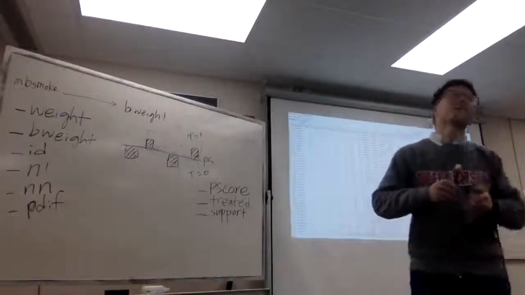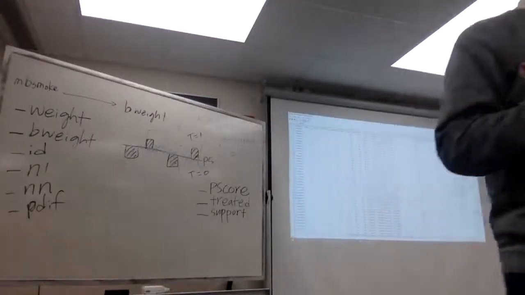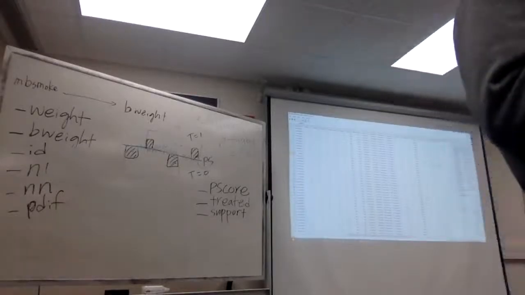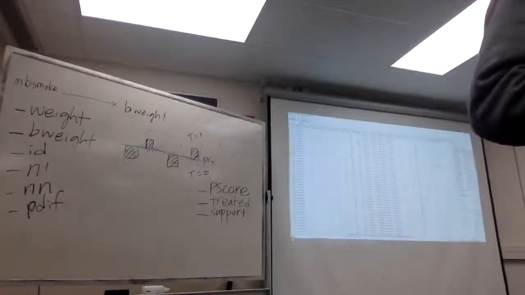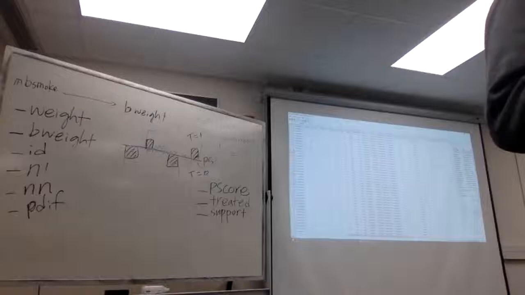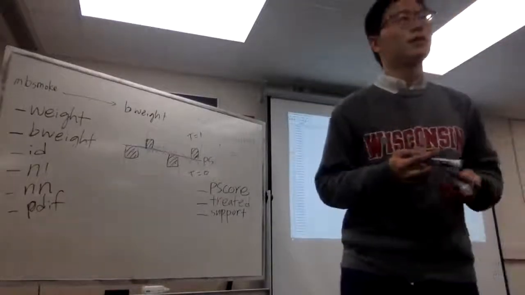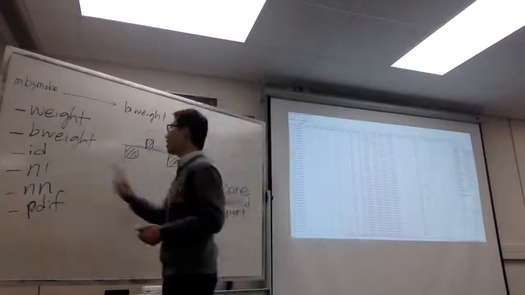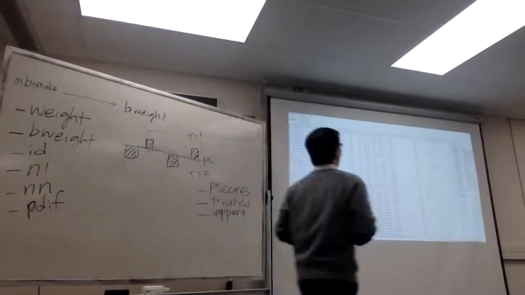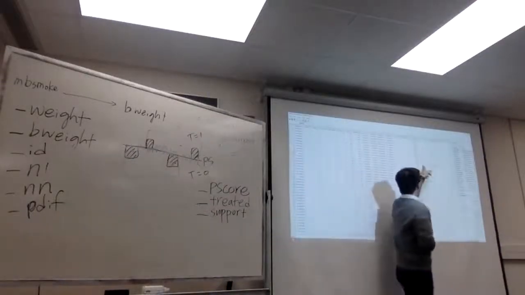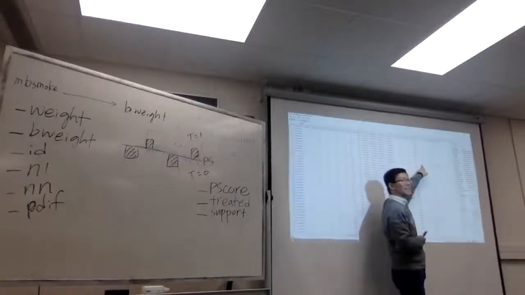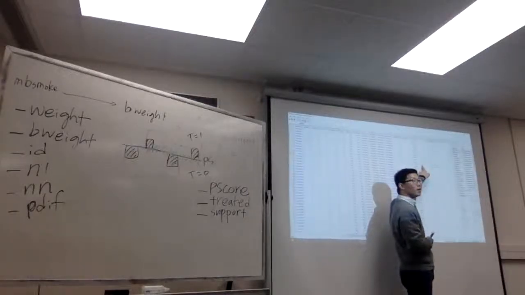So just one more time, please explain the difference between the ID, the N1, and the NN, what those mean. Oh, N1 is basically the matched case's ID.